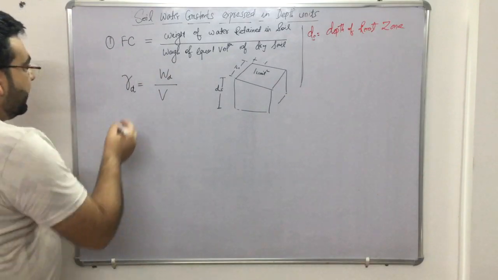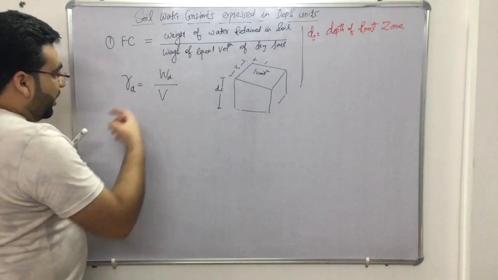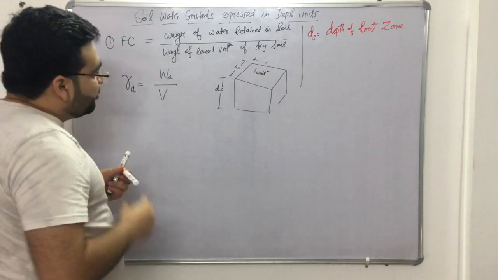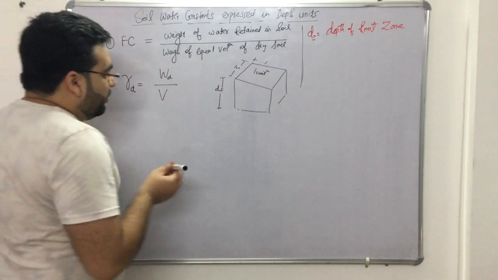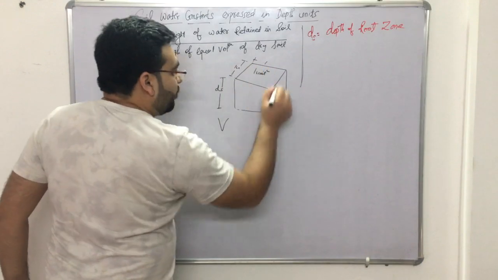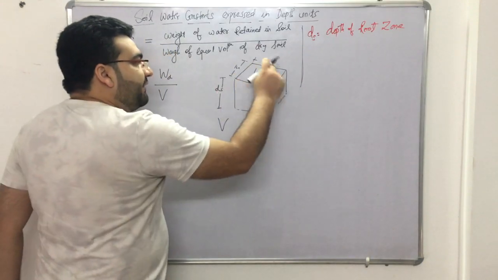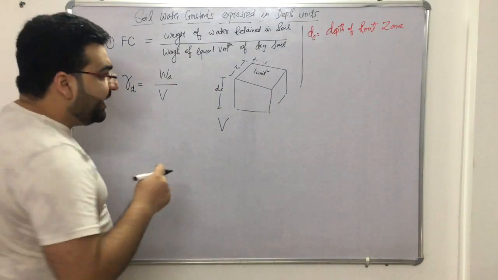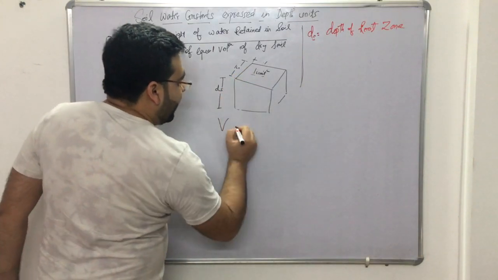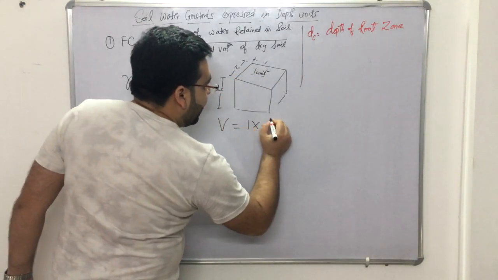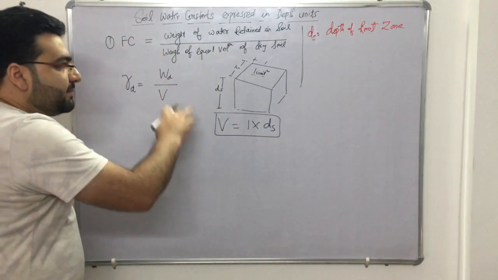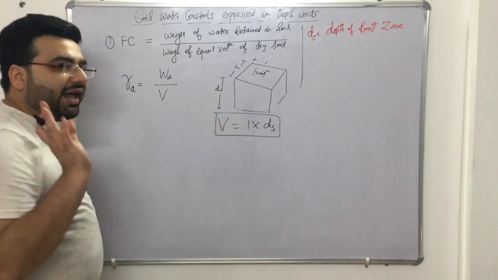Clear? Now can I write it like this? The volume of this particular soil sample will be equal to surface area into depth, because volume is area into depth. The surface area is 1 unit square, so 1 into ds is the volume of this soil sample of unit square area.